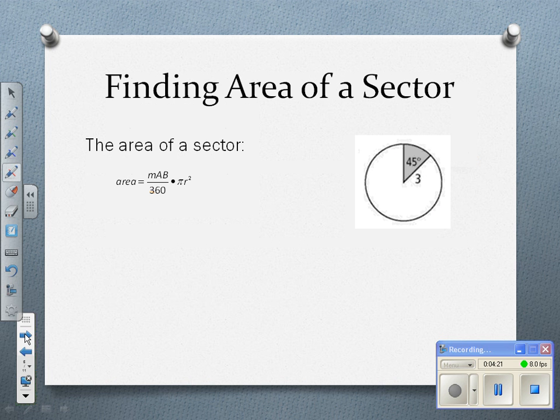If I want to find the area of the sector, I'm going to take the measure of arc AB, okay, and divide it by 360, because that's what proportion of the circle it is, and multiply it by pi r squared. So in this case, the measure of arc AB, because it's a central angle here, the arc is 45 degrees. So it's 45 over 360 times 3 squared times pi.